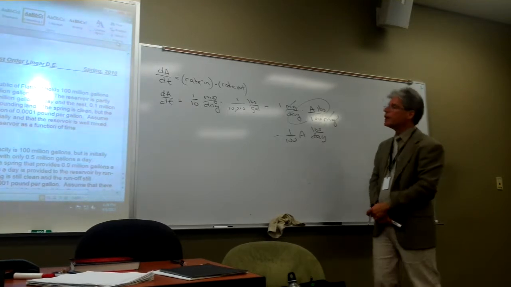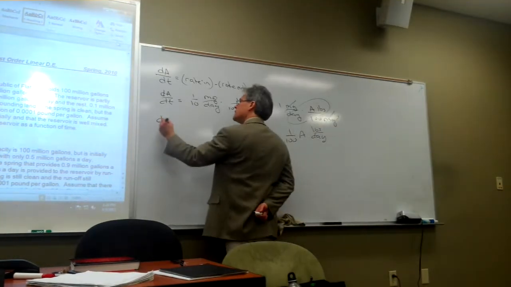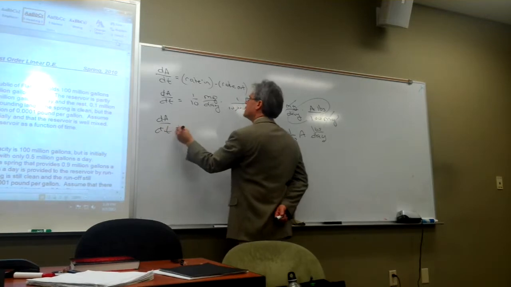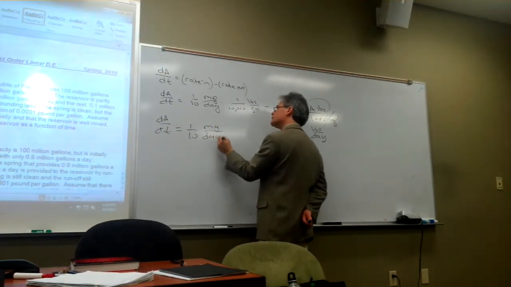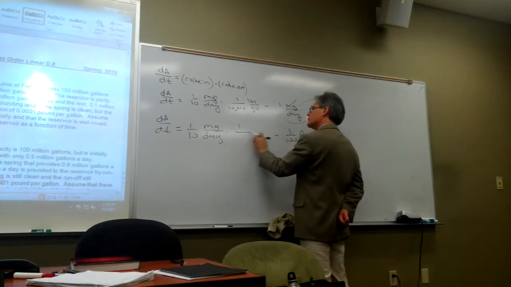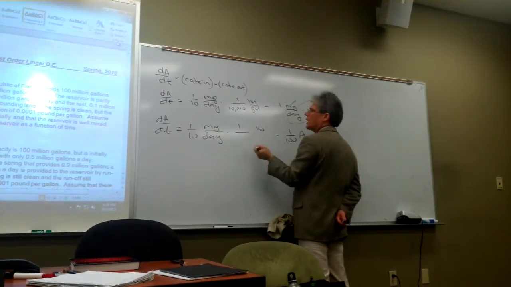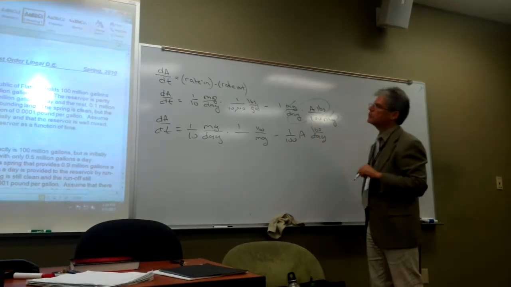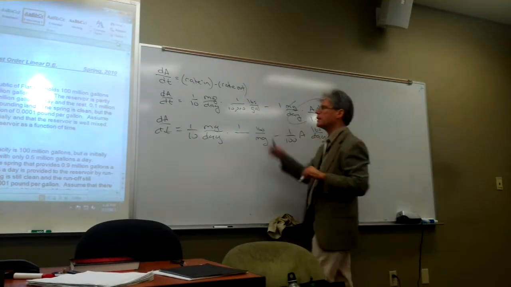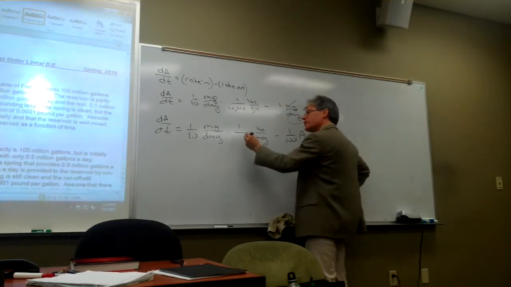You just change them. So dA/dt is equal to 1/10 million gallons per day times 1 pound. Let's change my denominator to million gallons. To change to million gallons, this quantity right here is going to be 1 over 100.